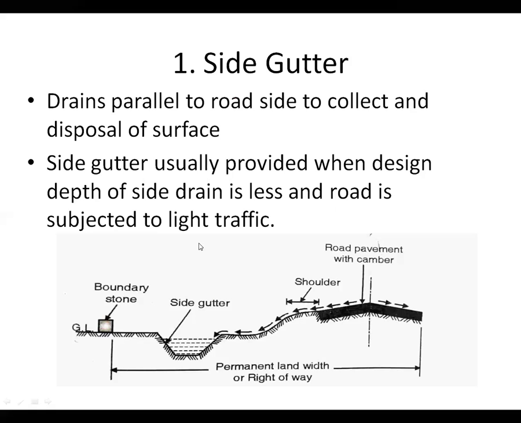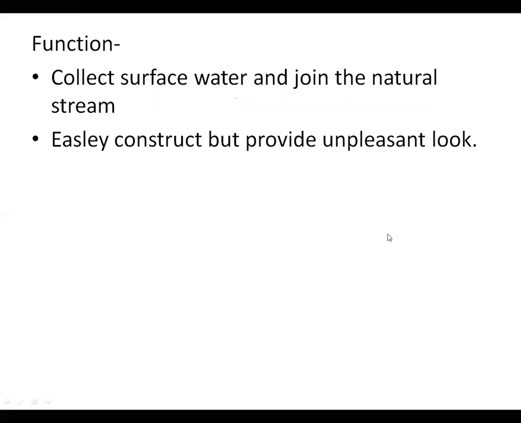Many times you have seen along the road, when the road is above the high flood level and the other portions are at a lower level, there are big or small trenches running along the road, and that is known as a side gutter.